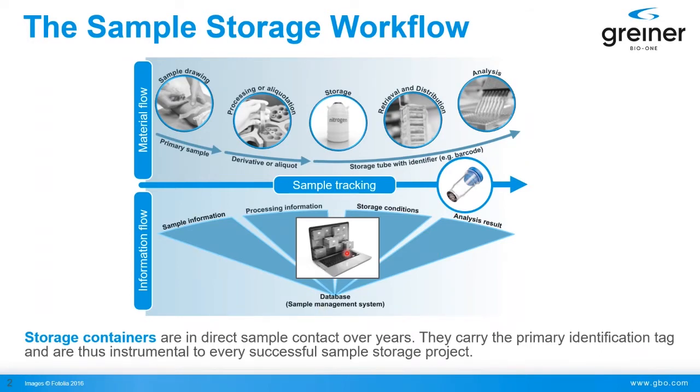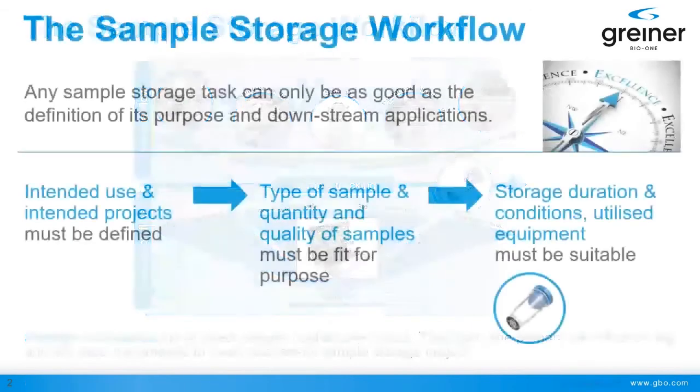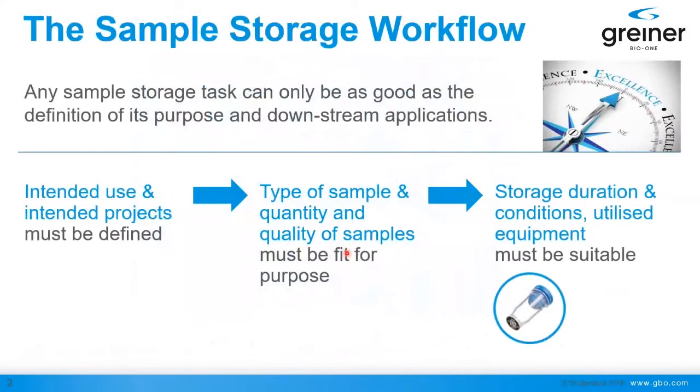And if this would be gone, the quality of your sample, or actually your entire sample, would be lost. So taking this into account, it is very important that a storage task is very carefully described and defined. Any sample storage task can only be as good as the definition of its purpose and downstream applications are.